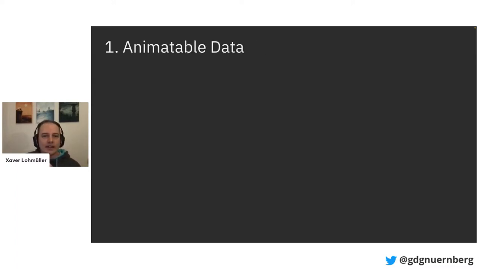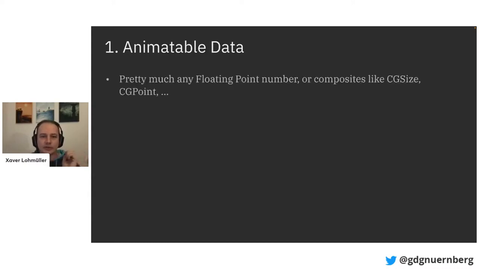All right, and animatable data is something that is sort of a vector, so something that you can interpolate between. So pretty much any floating point number, for example when you animate a piece of state from 1 to 10, or other things based on floating points, such as CGSize or CGPoint, which are geometry primitives.